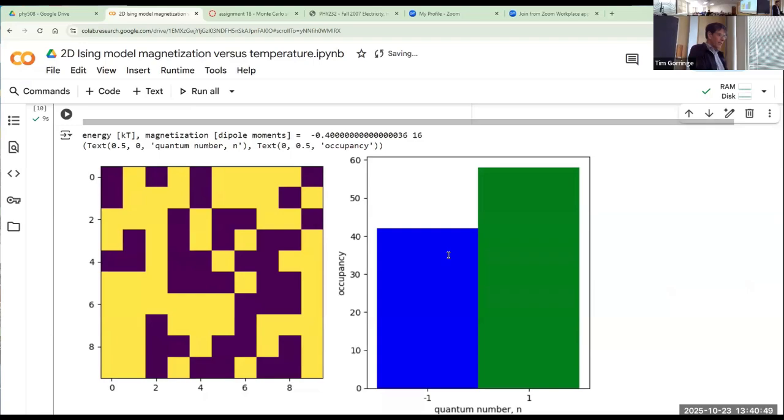We look down here. We've got now the situation in which the number of ups and downs is more equal. It's not as equal as just a random collection of magnetic dipoles up and down. There's definitely a preference for spin 1 state over spin -1 state or down state.